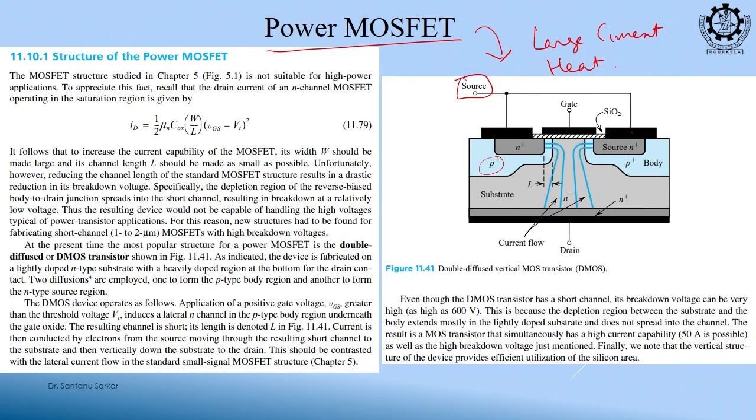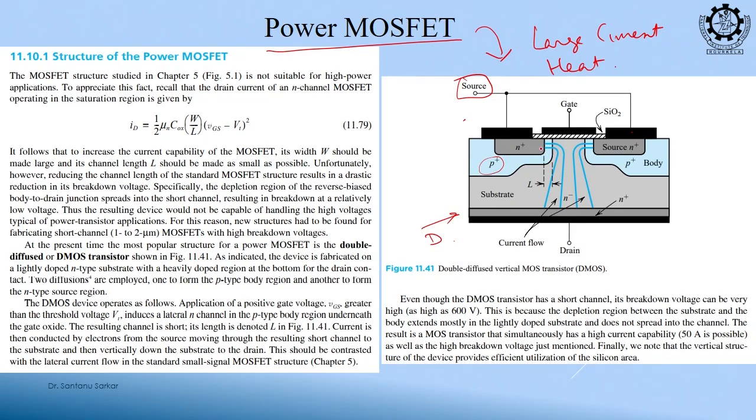Previously in the normal structure, this was source, this was drain, and the P region was continuous, but here in between there is a P plus region and substrate, and this lower region acts as my drain.